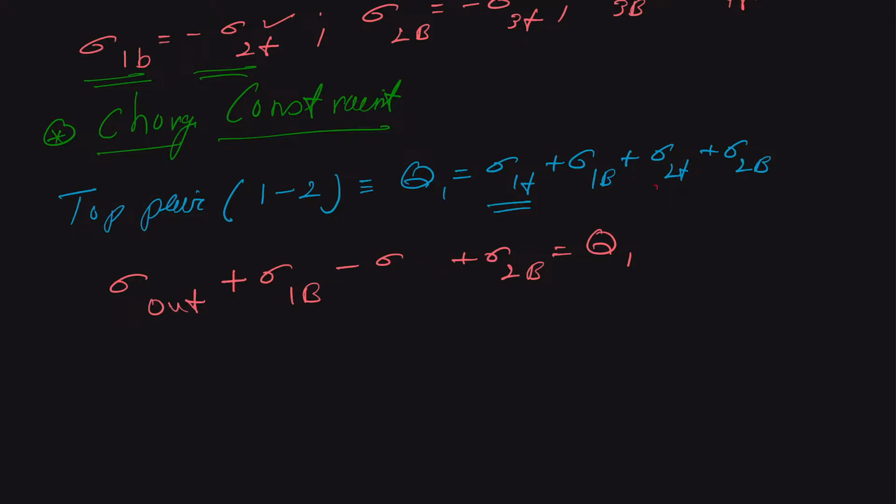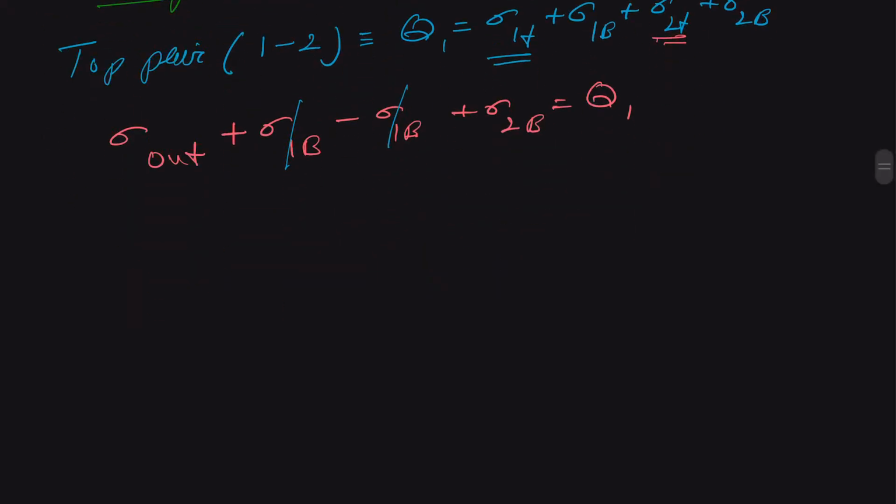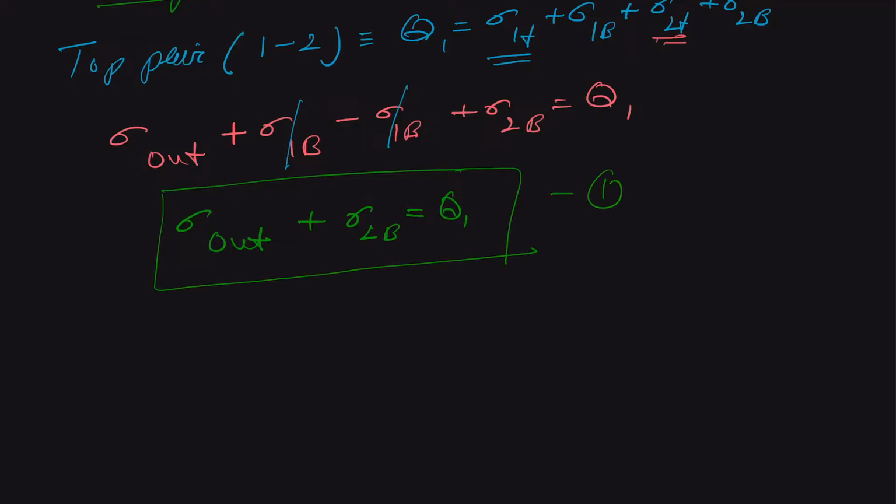This will be equal to the negative of sigma 1 bottom. Yes. So these two terms are going to cancel out with each other. Therefore, we get that the charge density for the outer plus sigma 2 bottom is equal to our Q1. So we got one of the equations. Let us call this equation number 1.